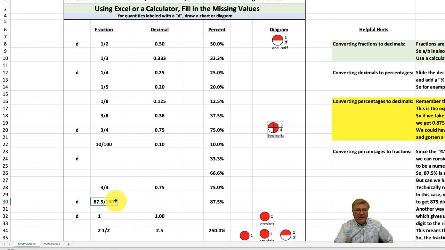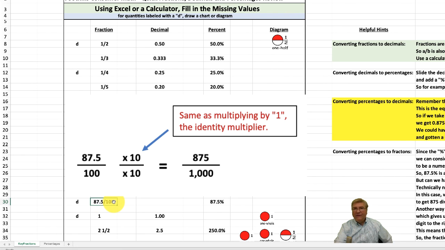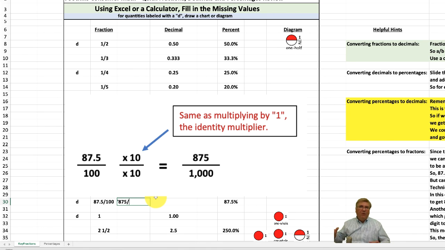So to correct this problem, all we have to do is multiply the numerator and the denominator by 10. And this will remove the decimal 0.5. But remember, whatever you do to the numerator, you have to do to the denominator as well in order to preserve the valuation of the fraction.